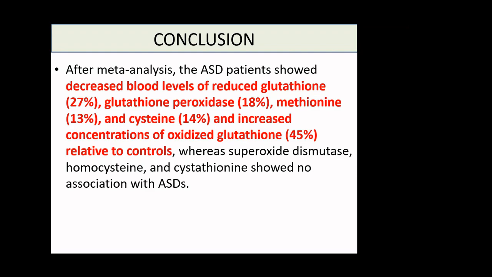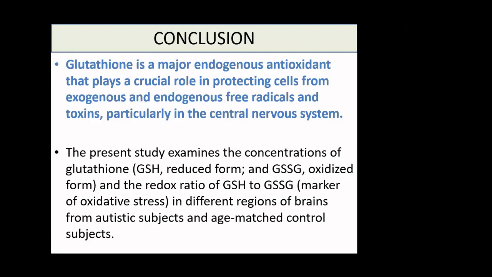Okay. Another study concluded that glutathione is a major endogenous antioxidant that plays a crucial role in protecting cells from exogenous and endogenous free radicals and toxins, particularly in the central nervous system. The present study examines the concentrations of glutathione, right, the active form and the inactive form, and the redox ratio, which is the ratio between the two, in different regions of the brain from autistic subjects and control subjects.